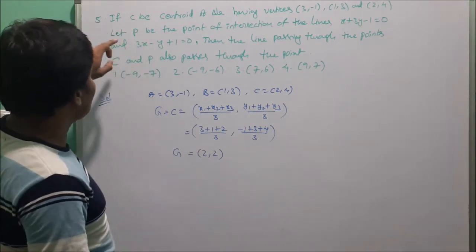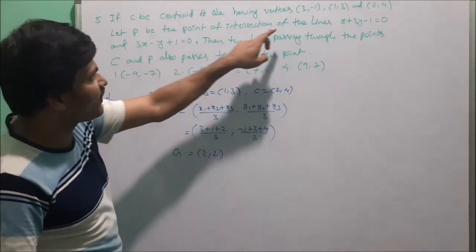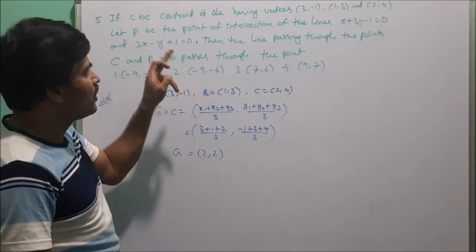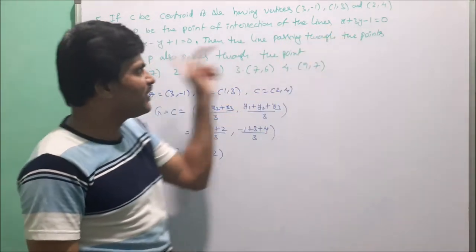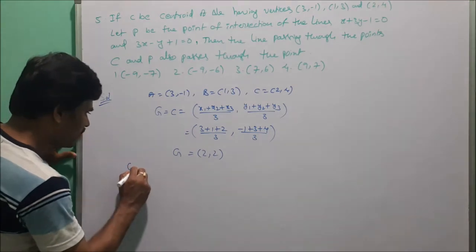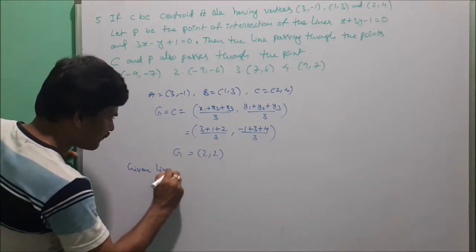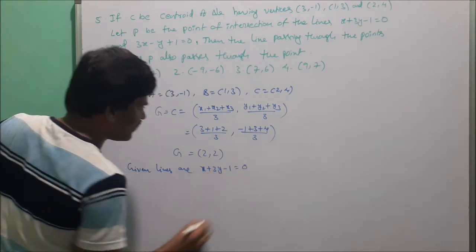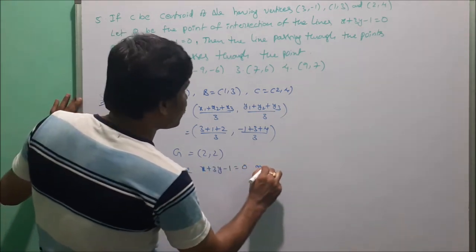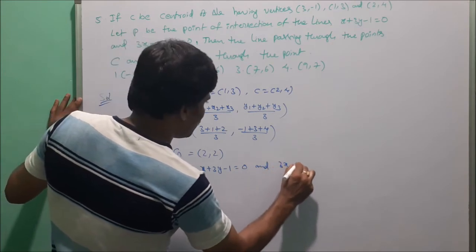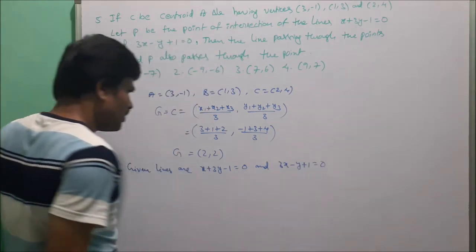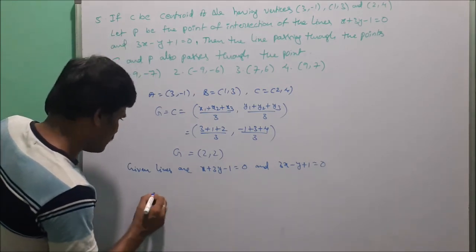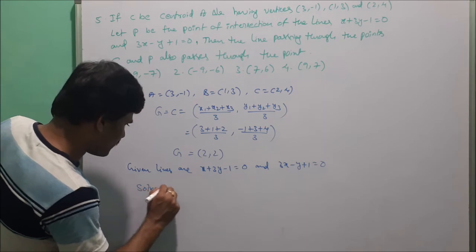Here another condition is given: P is the point of intersection of the lines x plus 3y minus 1 equals 0 and 3x minus y plus 1 equals 0. Now we find the point of intersection of these two lines. To find it, solve the equations.